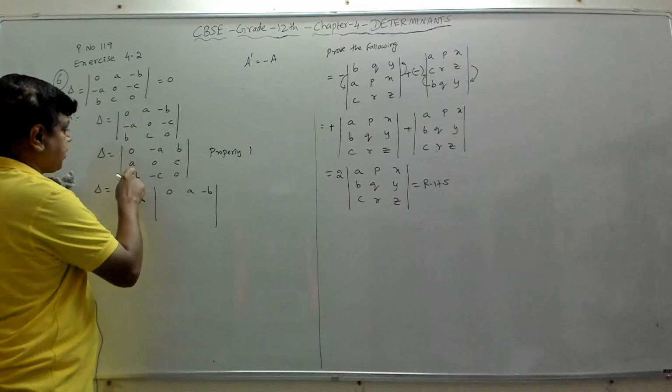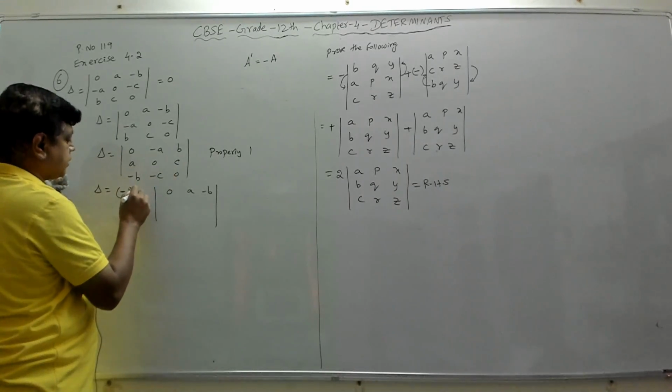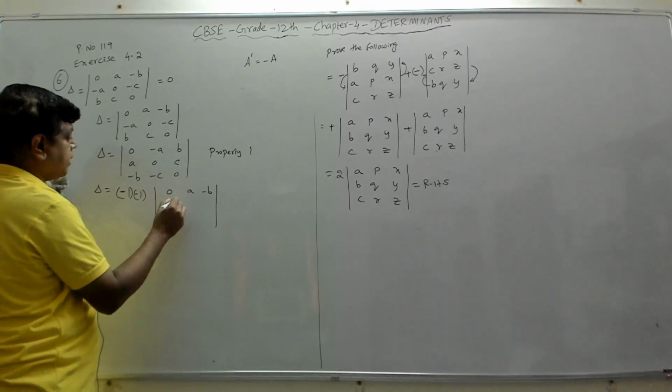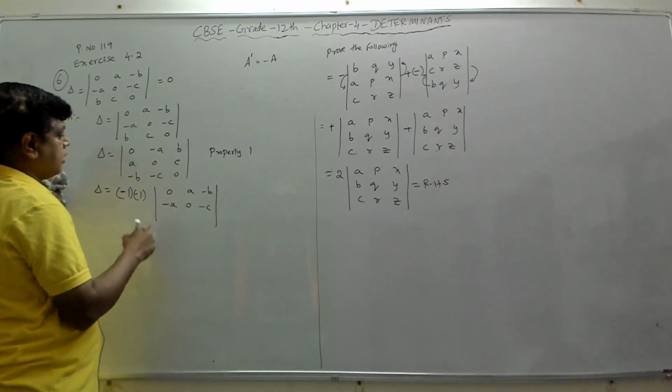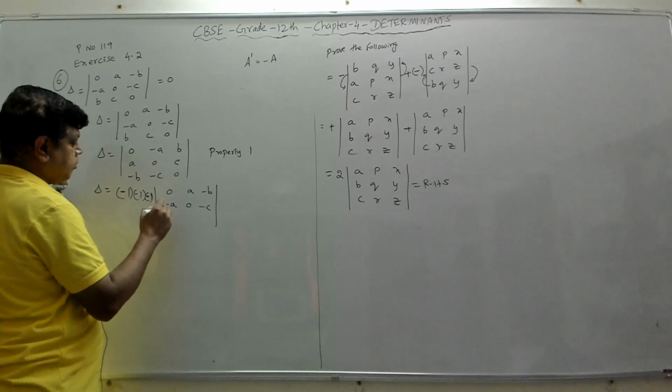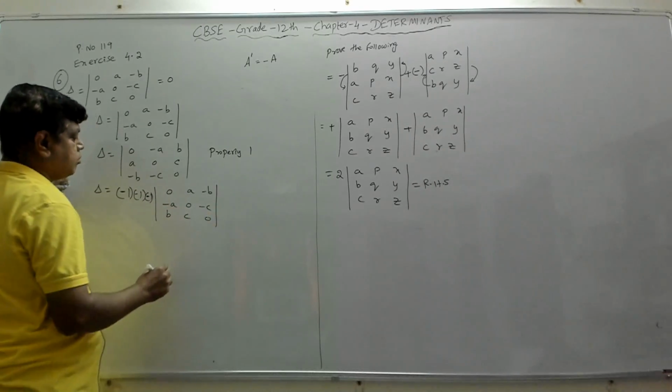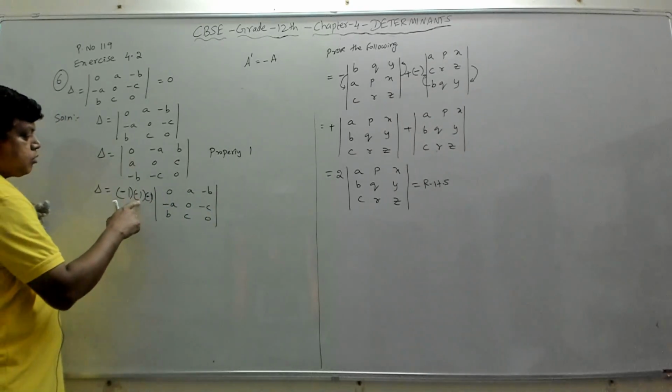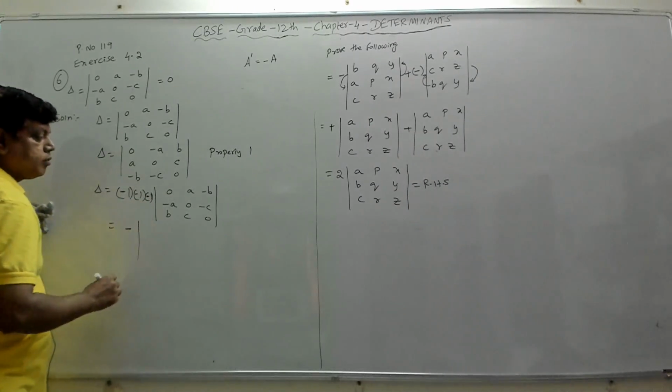Similarly from the second row, if I take one more minus, this will become minus a, 0, minus c. Again from the third row, if I take another minus 1 out, this will become b, c, 0. Now minus 1 into minus 1 into minus 1 is minus of this.